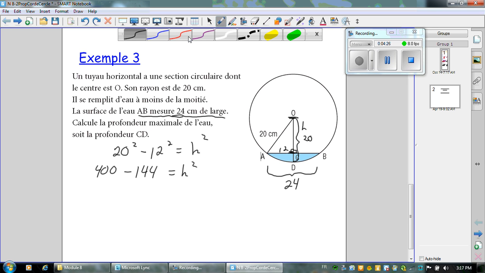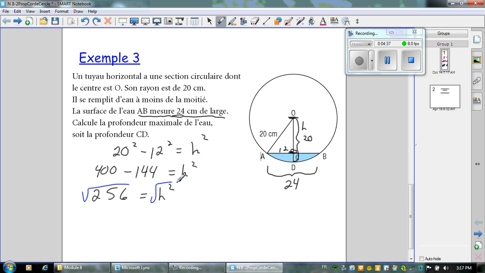And if I continue along this line here, the difference between these two would be 256, which is a perfect square. If I do the square root, it gives me that the height from the center to the tip of the water is actually 16 centimeters. So if that's 16 and the full distance is 20, that means that what I'm looking for from C to D would be 4.